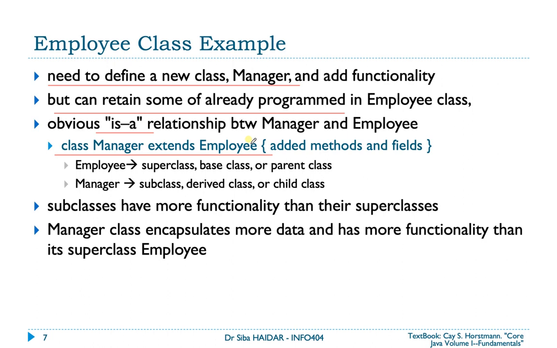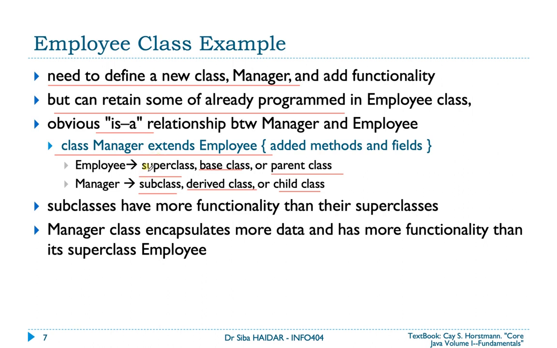As terms, we will be using the term superclass, base class, or parent class to refer to the class Employee, and by opposition, the class Manager will be the subclass, the derived class, or the child class. Just because the subclass is named subclass, it is not inferior to the Employee.